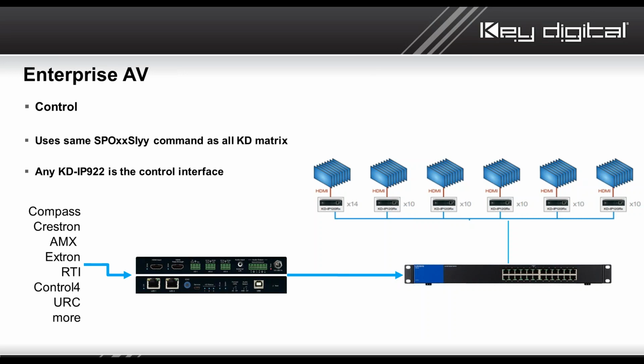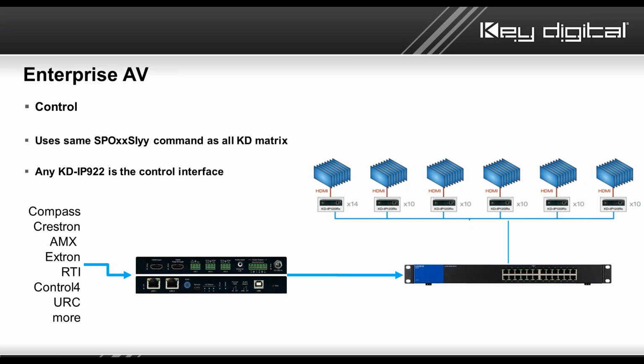And controlling KeyDigital is easy because we're not a one-trick pony. We've been doing this since 1999. With these systems, the HD over IP will respond to the same matrix switching command that we've been using for the last 10 years.